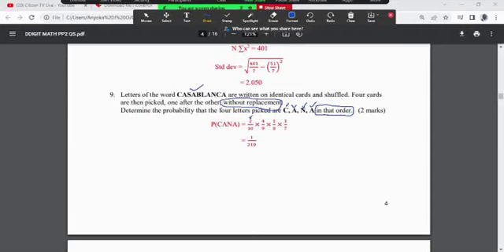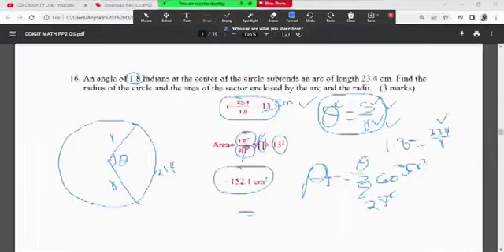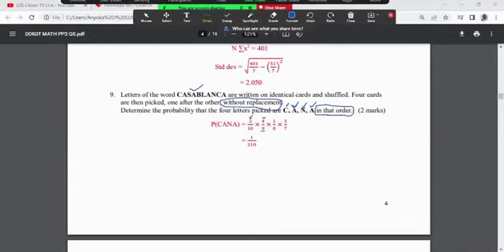So probability will be 2 over 10, times the probability of picking an A. How many A's are there in the word? 1, 2, 3, 4. So 4, over the number of cards remaining, 9, because we have already taken 1 card for C.